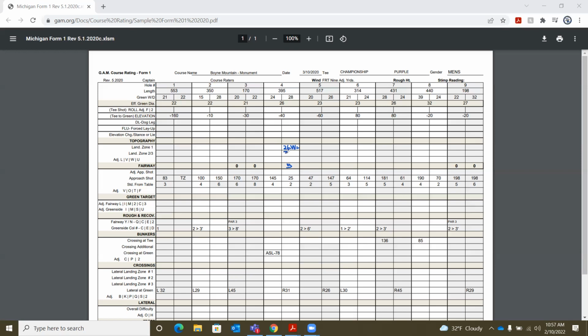So it might be 33, but if you write the W plus here, you might mistakenly apply the W plus to the 33 when it really should only apply to the 26 value. So don't write the adjustments there, write them next to the value that they apply to.